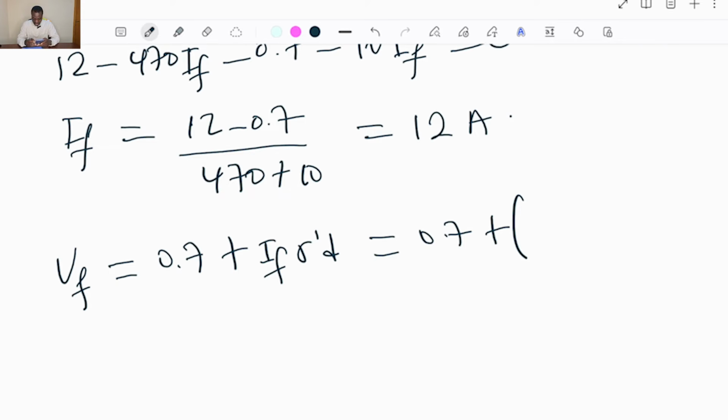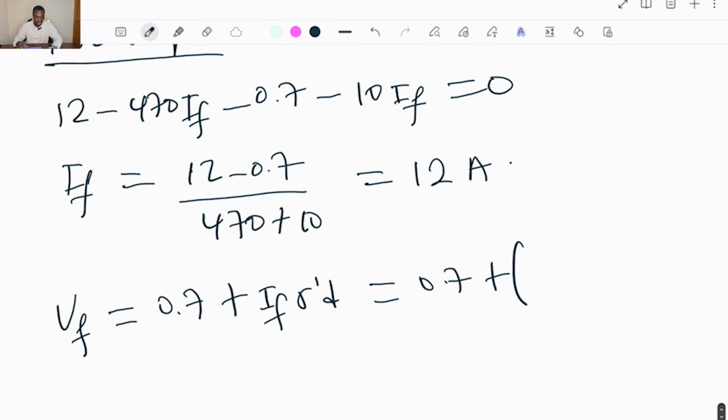12 minus 0.7 divided by, oh, I did this wrong, divided by 470 plus 10 rather. Yeah, it's not 12. The calculation here was a mistake. So this will be 23.54 milliamps.